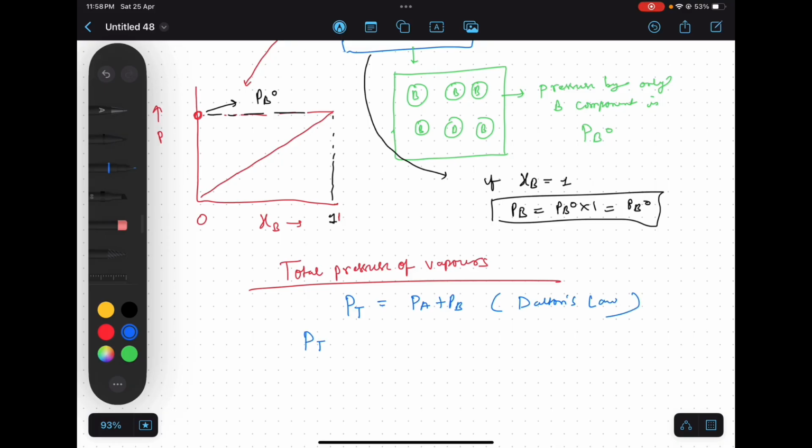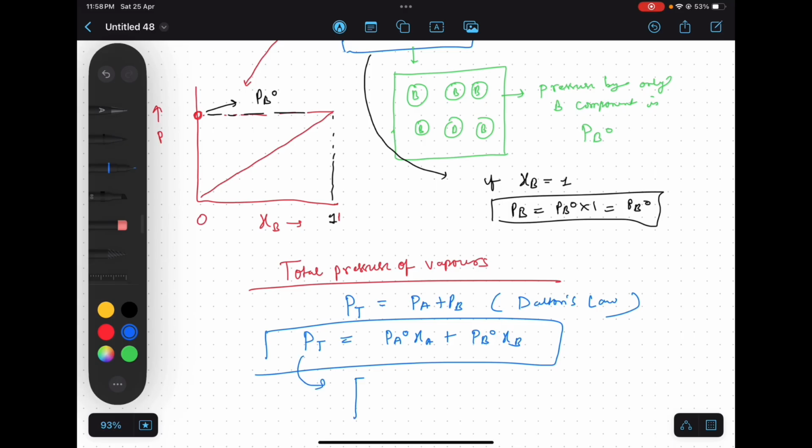So PT will be equal to PA naught XA plus PB naught XB. This is the total vapor pressure created if I have A component and B component. The pressure created in this region which I am labeling here will be equal to PT, which is PA naught XA plus PB naught XB.